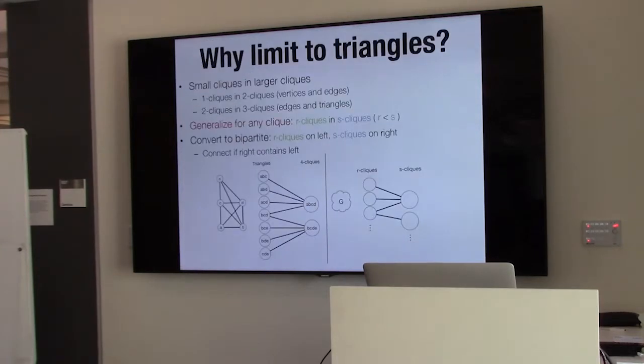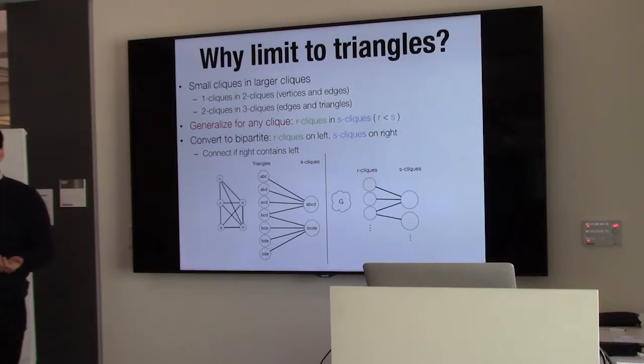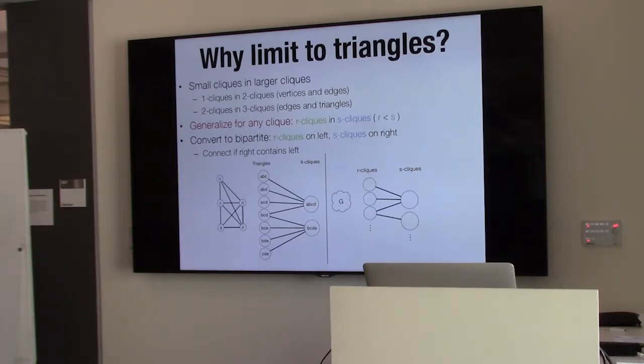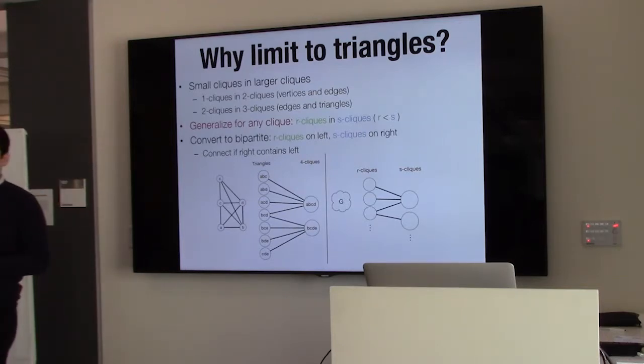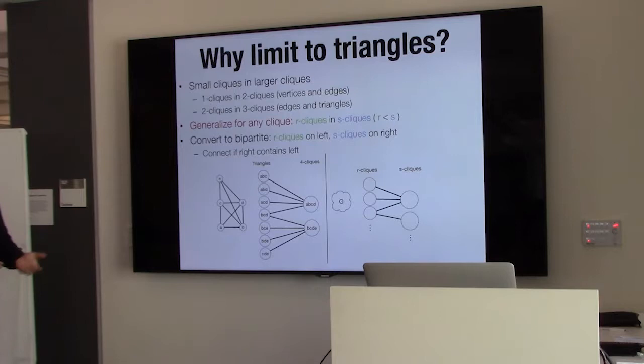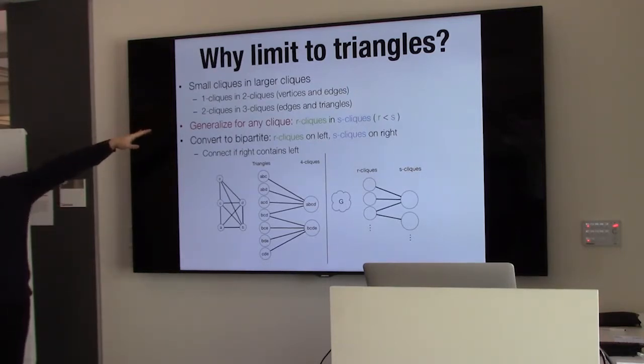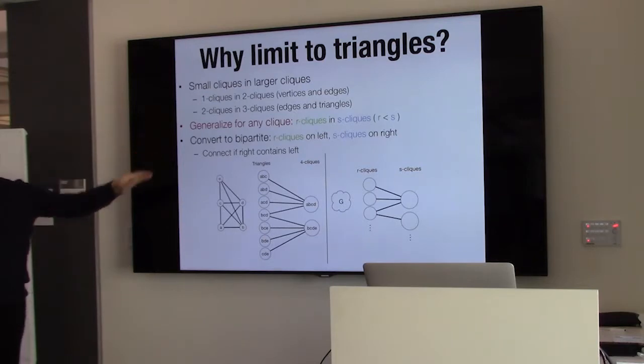And the natural question to ask was, why do we limit ourselves to triangles? You can just go beyond. Theoretically, you can say vertex is a 1-clique, edge is a 2-clique, and triangle is a 3-clique. The first one is the k-core, the second one is k-truss, and we said, okay, let's go for r and s cliques.